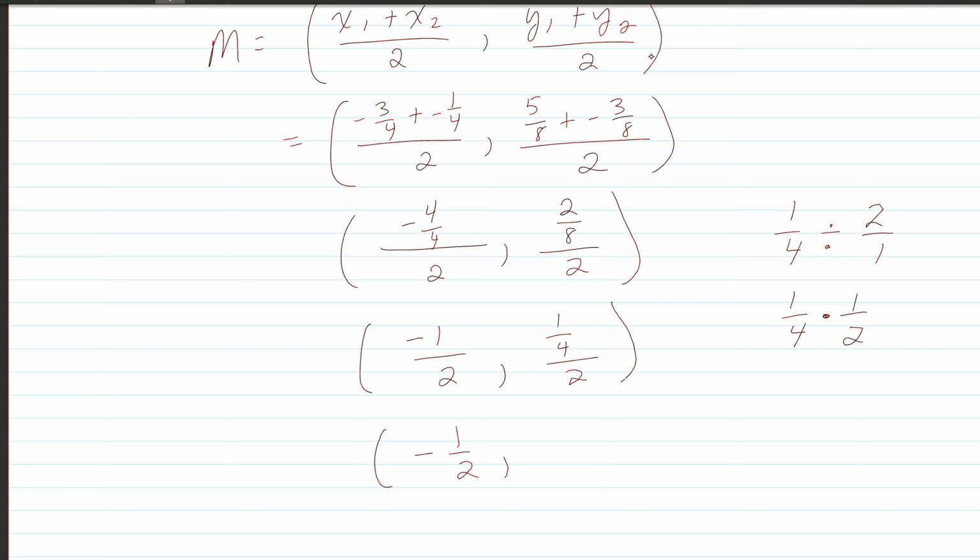When it's division, we change it to multiplication and flip that second fraction. Now we can multiply straight across. 1 times 1 is 1. 4 times 2 is 8. So that 1/4 divided by 2 is actually 1/8. So my midpoint is -1/2, 1/8.